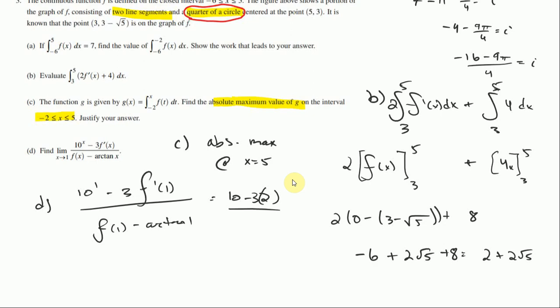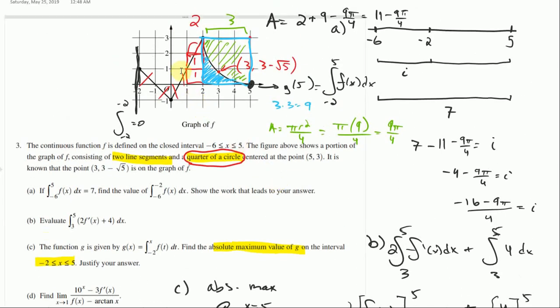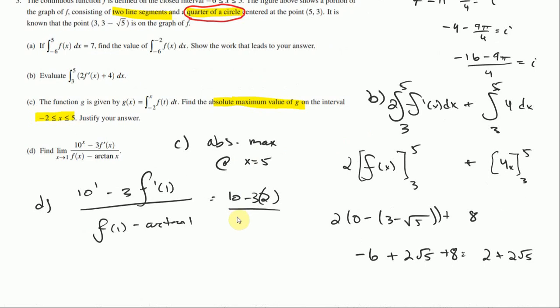All right, and then f of 1 is 1 minus arctan of 1. Well, we know that tan of pi over 4 equals 1. Therefore, arctan 1 must equal pi over 4.